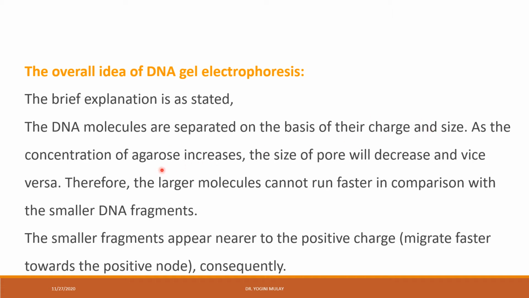As the concentration of agarose increases, the size of the pore decreases, and if we decrease the concentration of agarose, then the size of the pore will increase. Therefore, the larger DNA molecules cannot run fast in comparison with the smaller DNA fragments, whereas the smaller DNA fragments appear nearer to the positive charge.